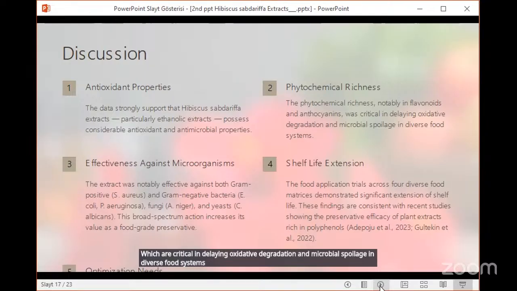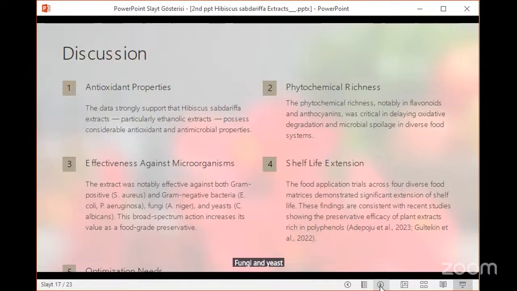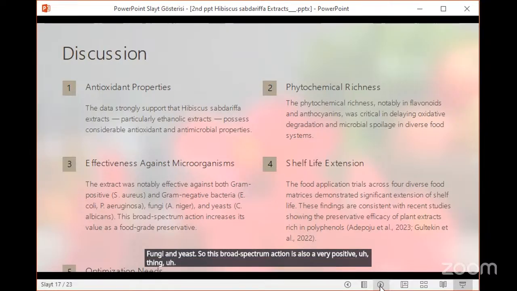And it also showed notable effectiveness against both gram-positive and gram-negative bacteria, fungi, and yeast. So this broad spectrum action is also a very positive thing, as it means it can be used on a wide variety of microorganisms.